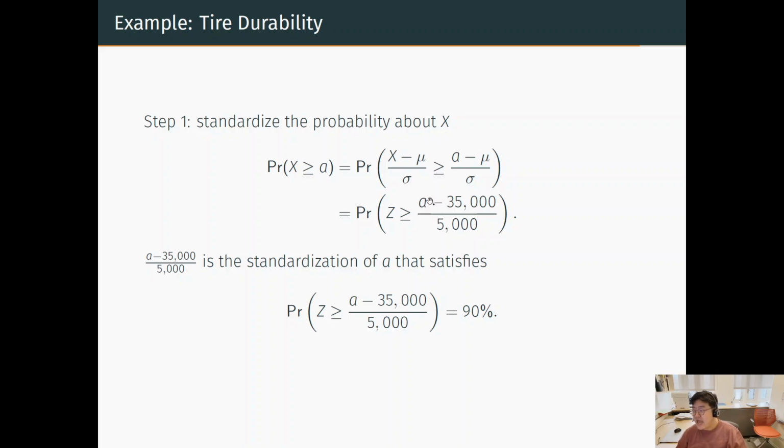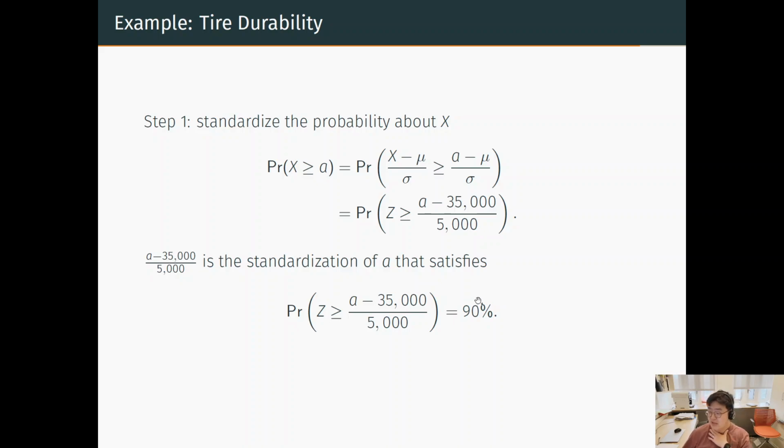But in this case, A is unknown, so we cannot do anything further. This is all we can do, because A is unknown. A is what we are looking for. So I have no idea what this value is, but we know that it equals 90%. I don't know A, but I know its probability is 90%.